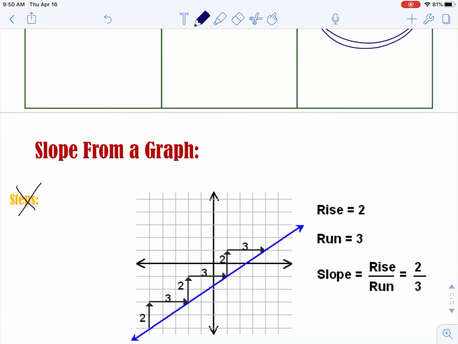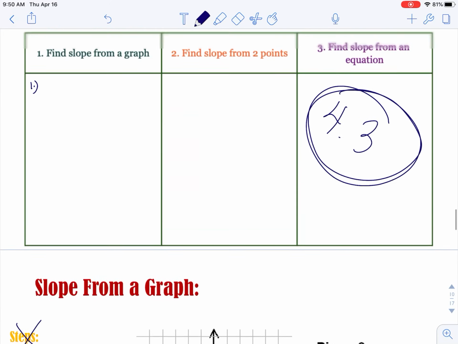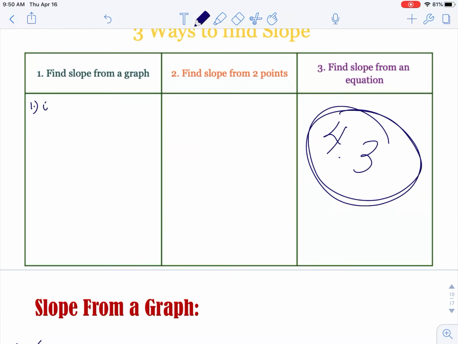I have it written right here, but don't worry about it. When we look at a graph, we can find slope in a variety of ways. But the first thing we need to do is to identify 2 points on the line.